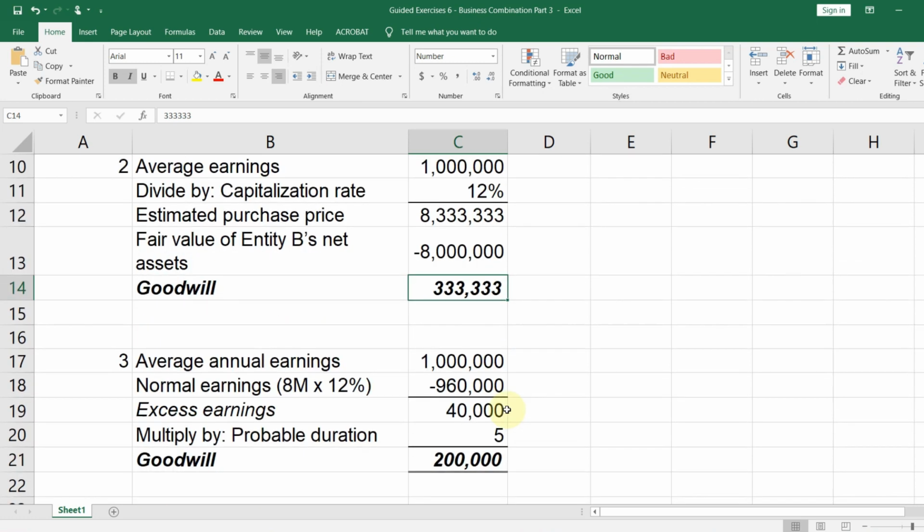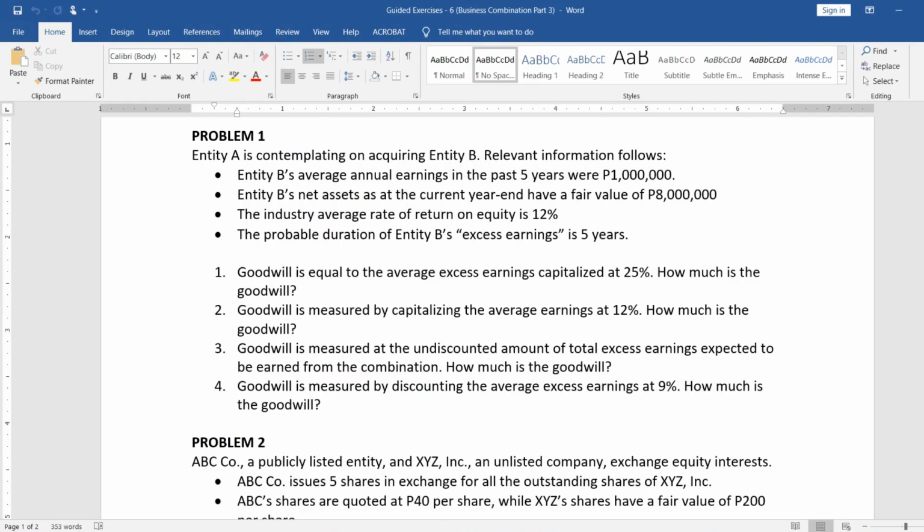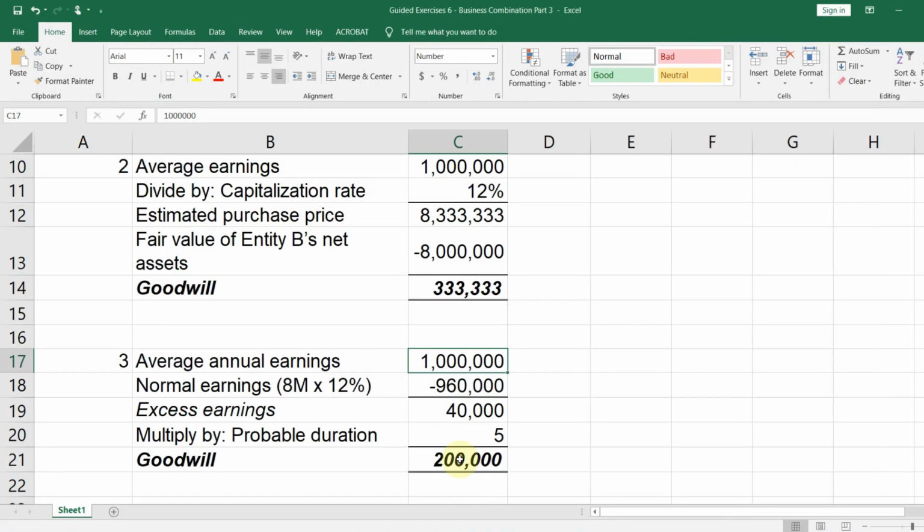Number 3, sabi, goodwill is measured at undiscounted amount of total excess earnings expected to be earned from the combination. Di ba na-compute natin yung excess earnings na 40,000. During the duration of the business combination, that's 5 years, magkano daw yung excess earnings in the probable duration of 5 years.